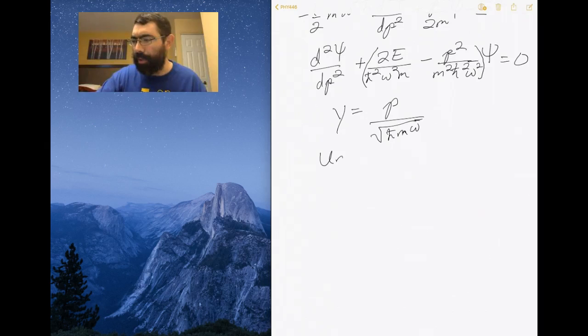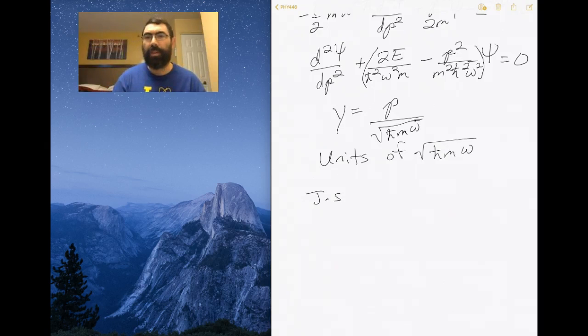So if we check the units of the square root of h bar m omega, what we get is joules times seconds for h bar, kilograms for the mass, and 1 over seconds for the frequency. Then we take the square root of that.